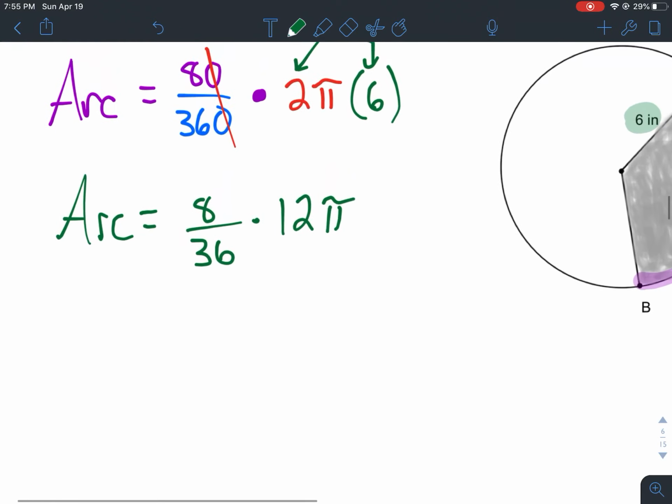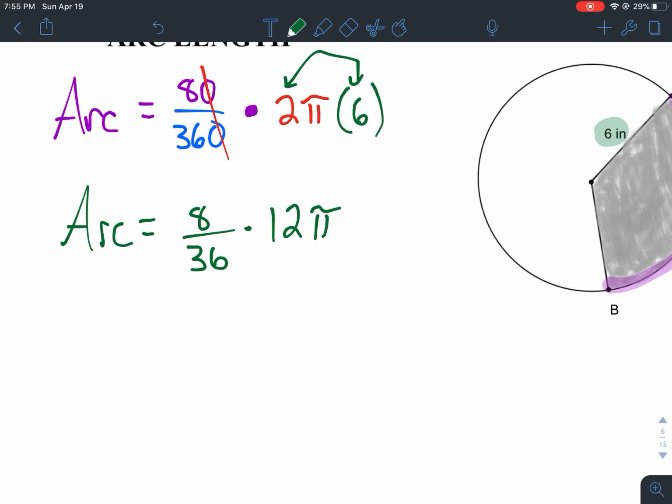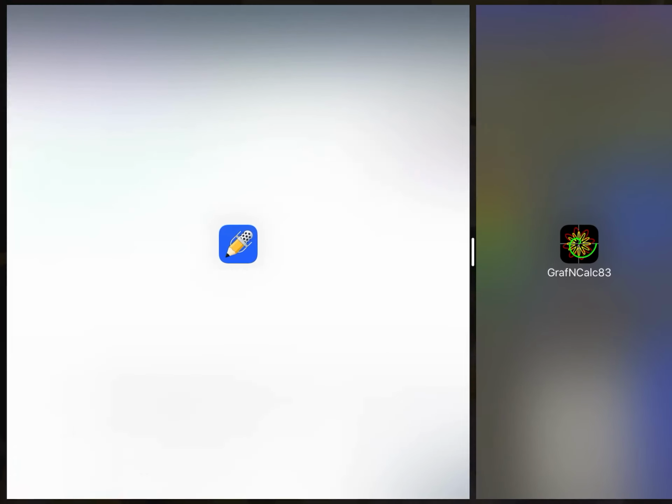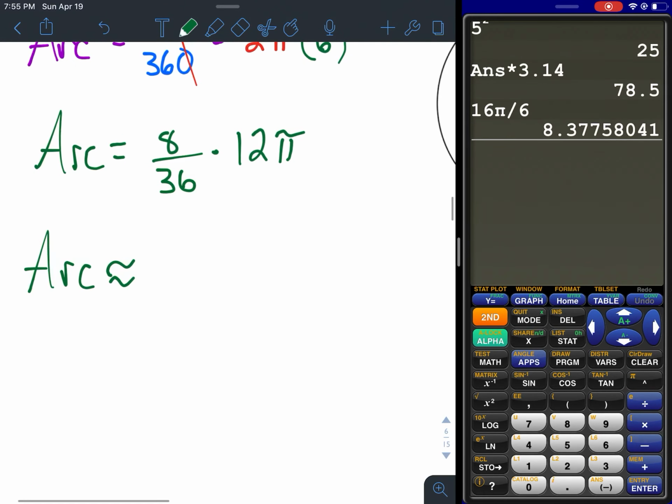Well, again, if you don't want to deal with fractions, you can easily type this into your calculator. And I'll show you how to do that now so you can get your answer right away. So arc is going to be about, and again, let's get our calculator out. So in this case, we have 8 over 36 times 12 pi. It just matters how you put it in.